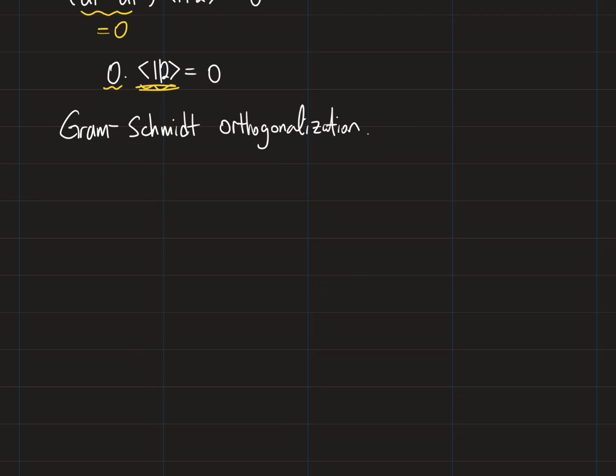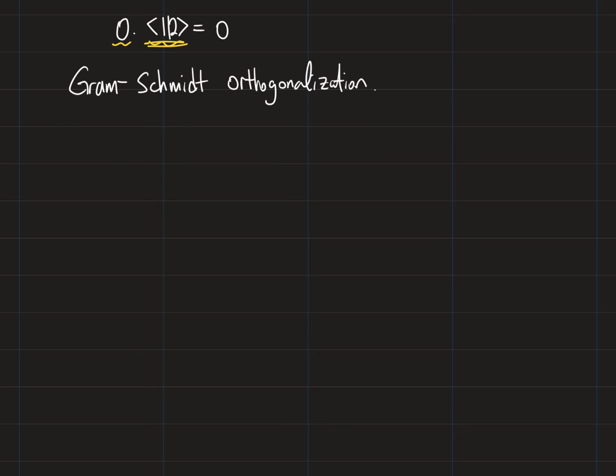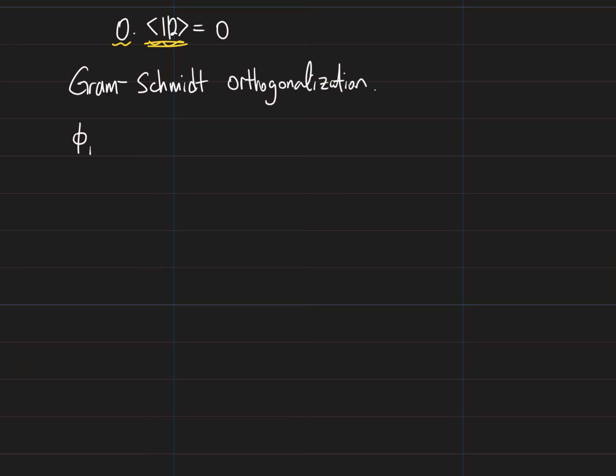So let's look at the procedure. First is to keep the first function. Let's say that the orthogonal set now contains the function p. So function p1 is just psi1. Now we want to construct the second function, and we define the new function p2.